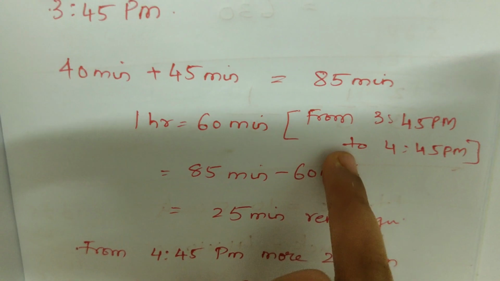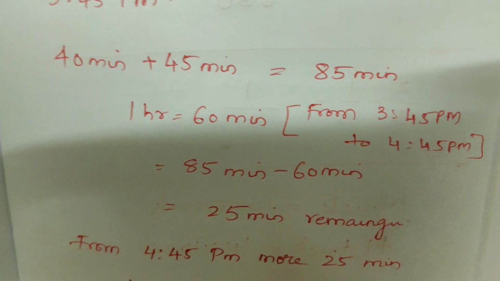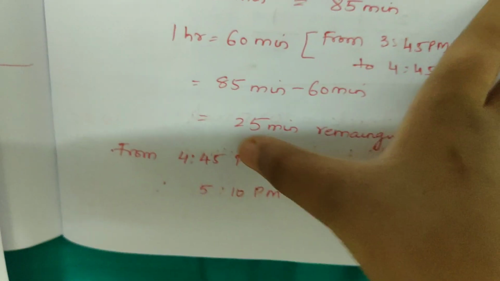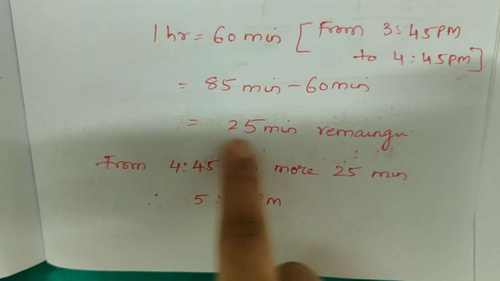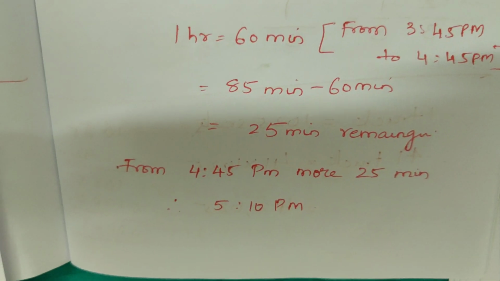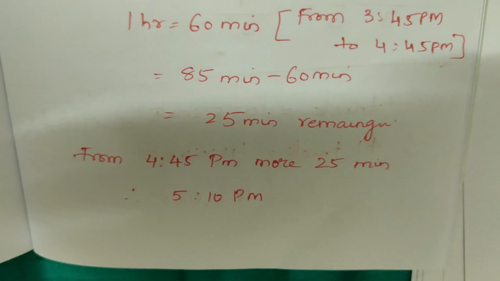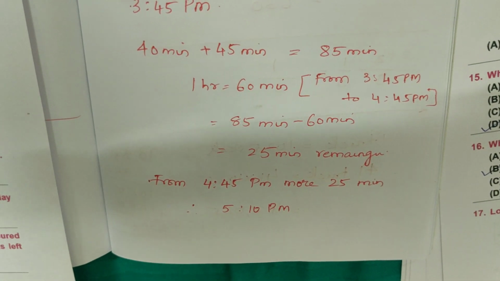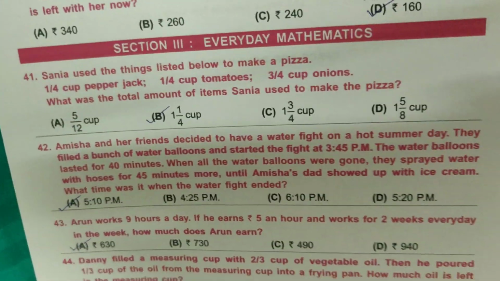So it becomes from 3:45 p.m. to 4:45 p.m. first. Then 85 minutes minus 60 minutes, 25 minutes remaining. From 5 p.m. more 25 minutes equals 5:10 p.m. And so the answer will be 5:10 p.m.